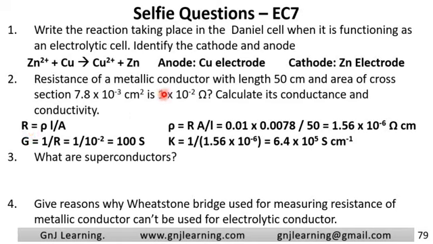Resistance I know, which is 0.01. Conductance is 1 by R, so just the reciprocal of that is 100 Siemens, and kappa is 1 by rho, the reciprocal of the rho value. I hope you got it correct.